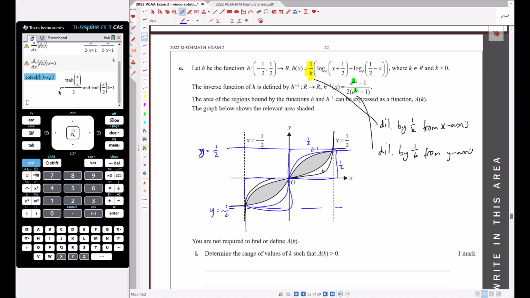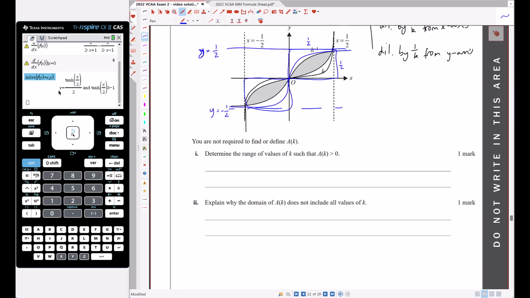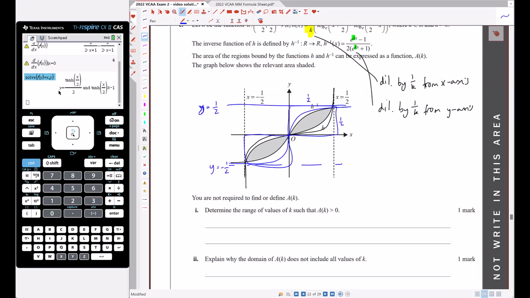So the total area, as you make k bigger and bigger and bigger, is going to get closer and closer to a quarter plus a quarter, which is half. I suspect that might be a question later on. Perhaps not.